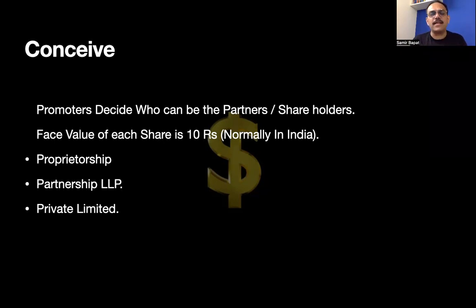Now, here one thing interesting which everyone should know is the face value of the share. What is the face value? Let's say, a lot of people must have heard that Sudha Murthy gave 10,000 rupees to Narayan Murthy and he started the company. So that time, maybe 30, 40 years ago, when they started the company, she gave 10,000.